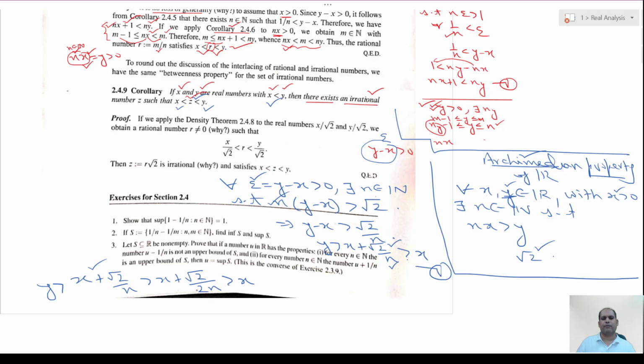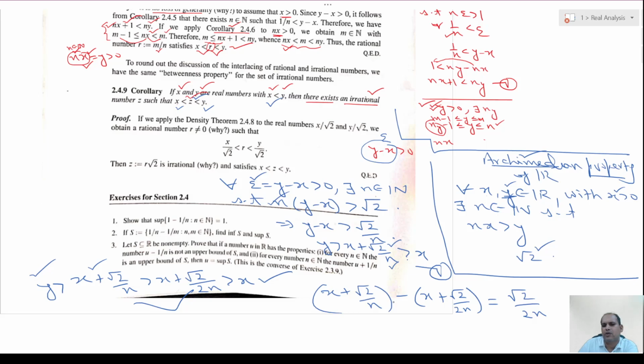So, from this condition, if we take the difference of these two, say x plus root 2 by n minus x plus root 2 by 2n, then we will get root 2 upon 2n.